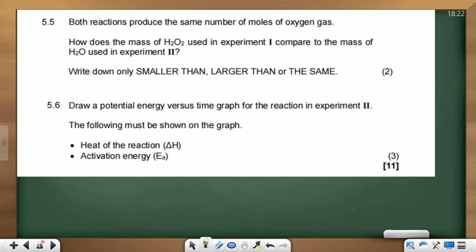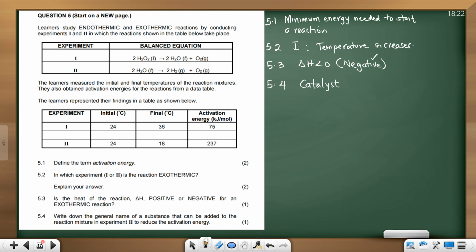They said both reactions produce what? The same number of moles of oxygen.